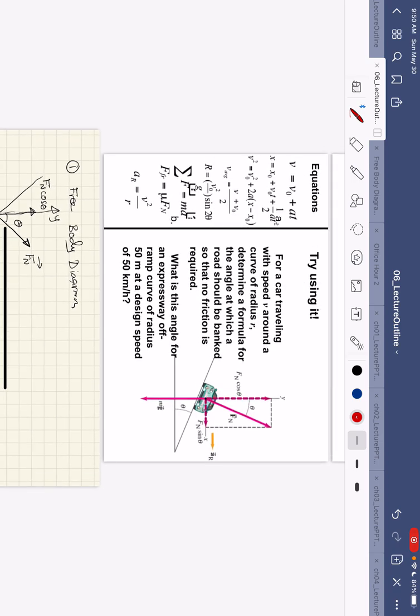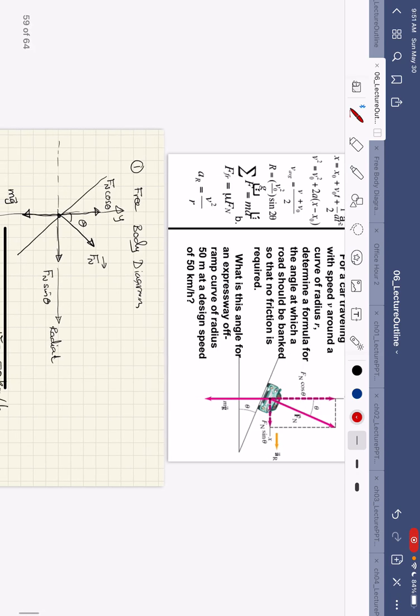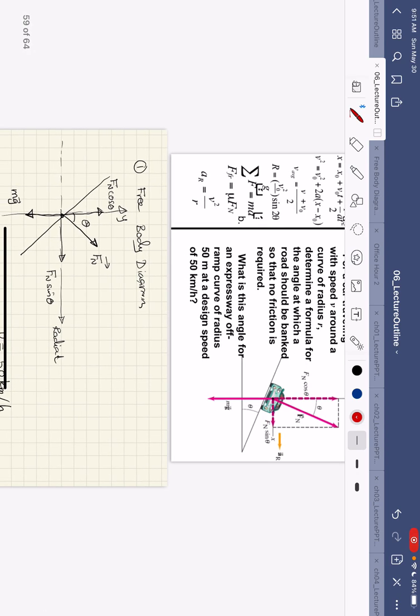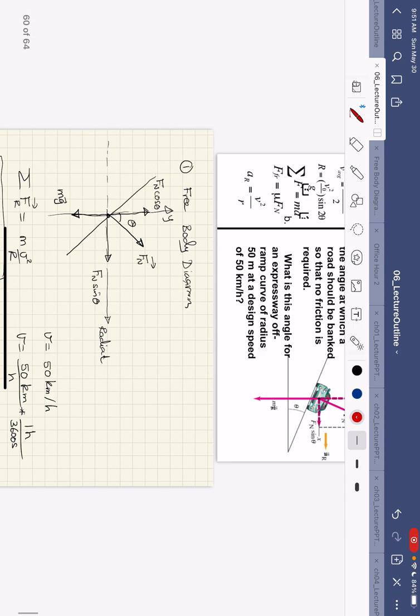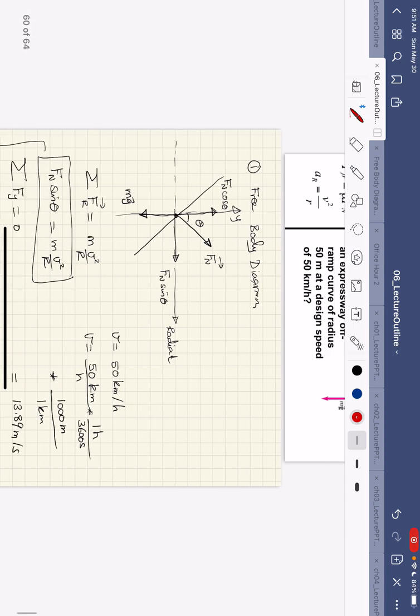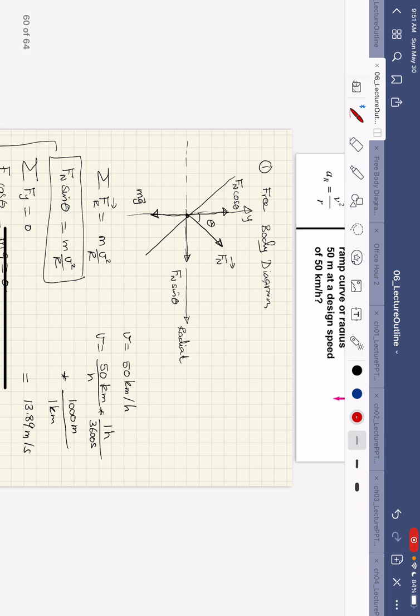For example, for this car here, what is the angle for an expressway off-ramp curve of radius 50 at a design speed of 50 kilometers per hour? The first problem here is that we need to convert that speed.